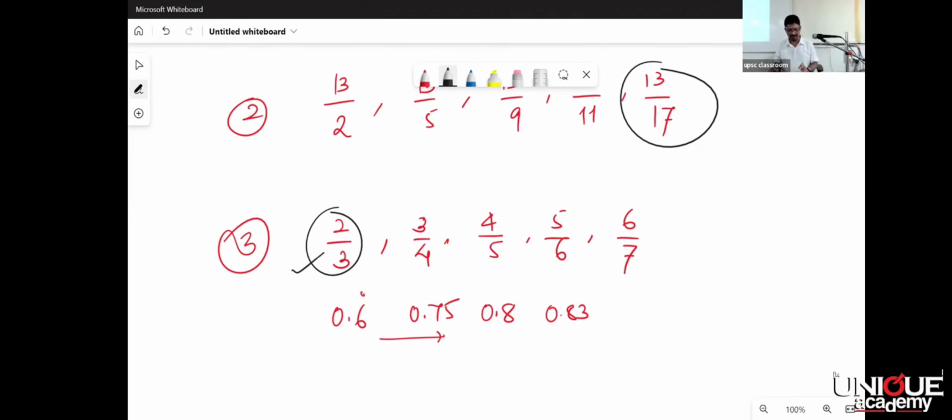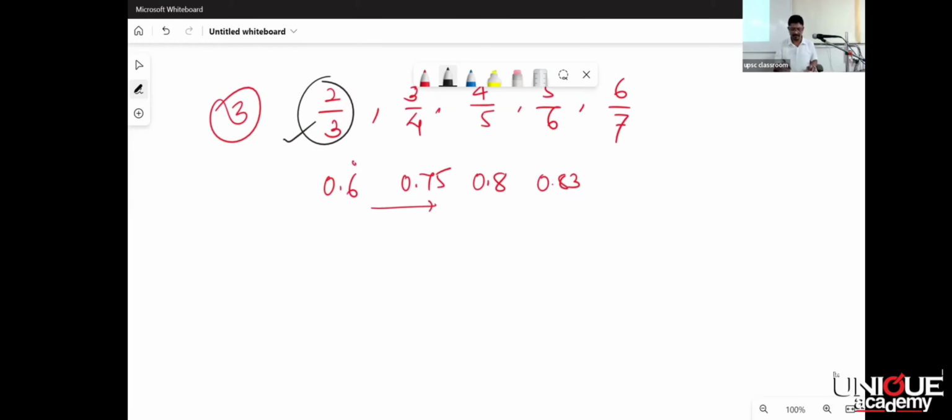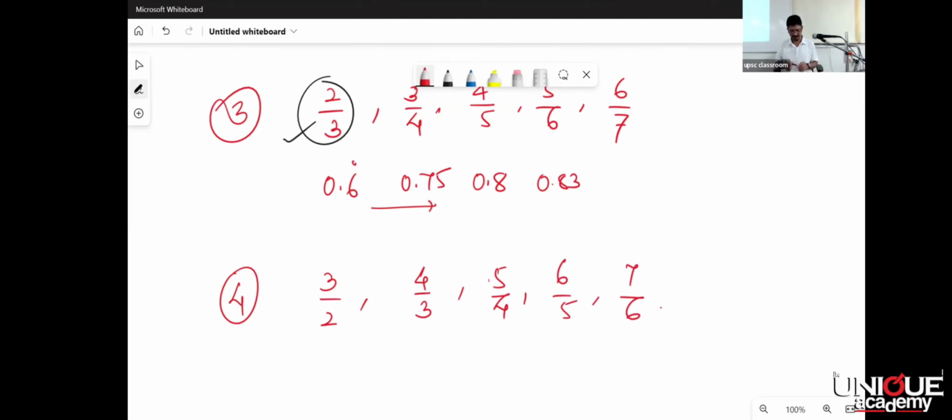Is it clear? Okay. Then the next group of fractions: 3 upon 2, 4 upon 3, 5 upon 4, 6 upon 5, 7 upon 6. Here we again have to find the smallest fraction.